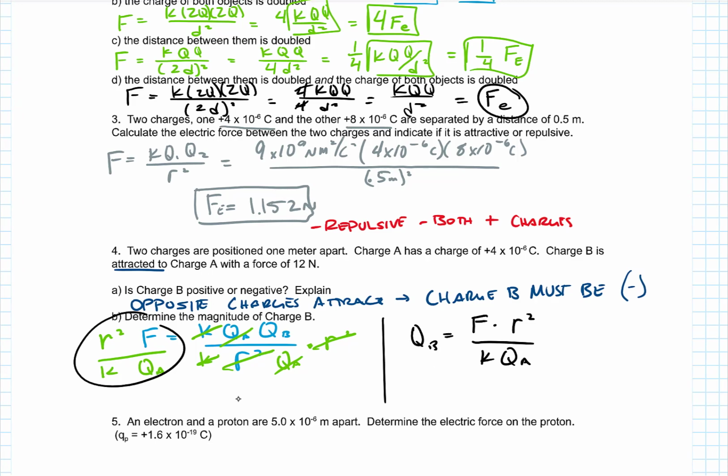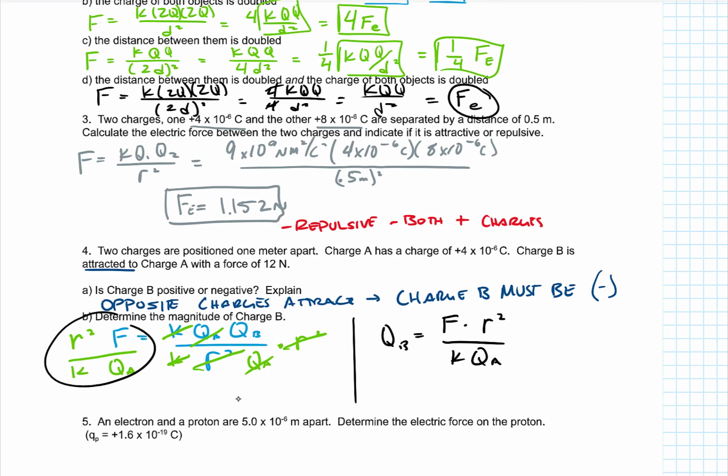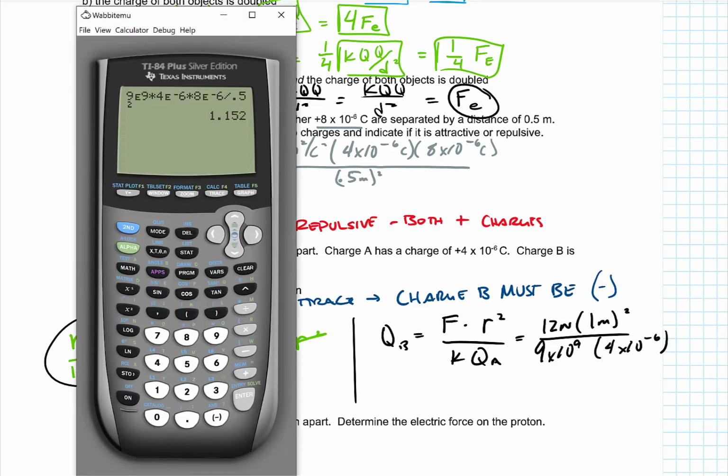And so we want to use the numbers that we have. 12 newtons times the distance separating them, 1 meter, squared, divided by 9 times 10 to the 9th, that's K, times QA, 4 times 10 to the negative 6th. And if we want to find out what that's equal to, we put it all in.